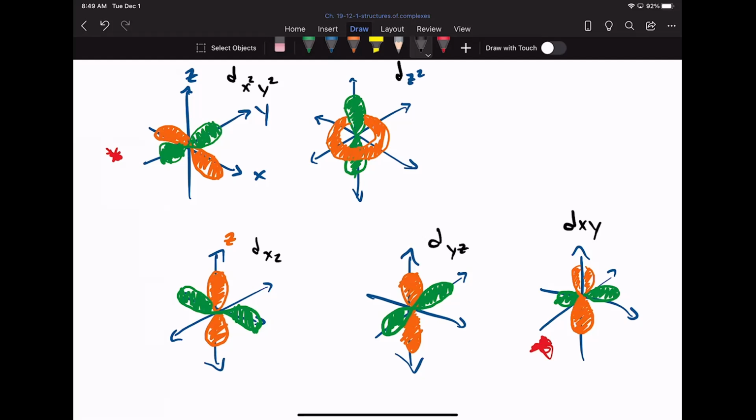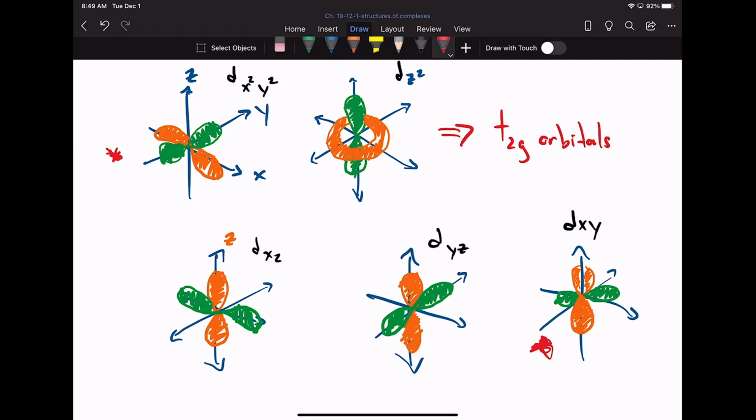And if we take a look at these here, I drew them out this way specifically because these represent something we're going to call the T2g orbitals.